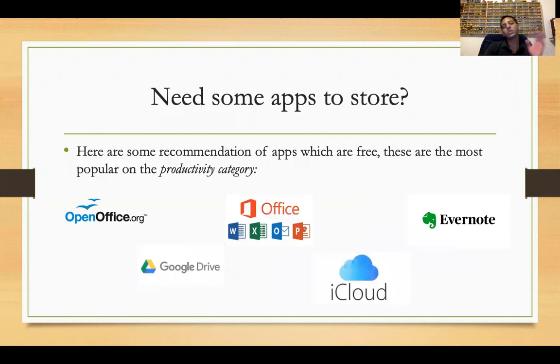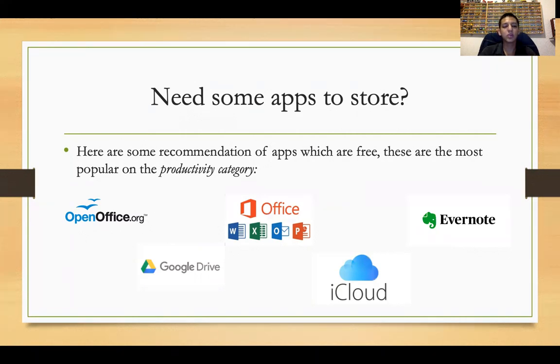So some options to store some of your information, like on the clouds, that nowadays are the most useful in case you don't have too much space on your computers or cell phones. And here are some recommendations that I can give you to use as free apps, and they're the most popular in the category of productivity.